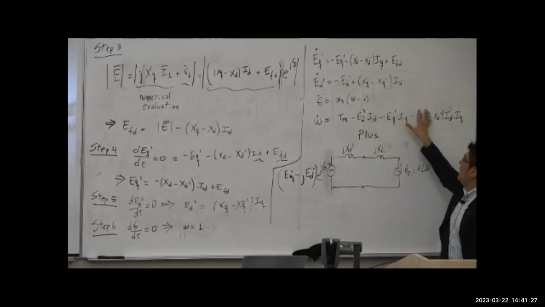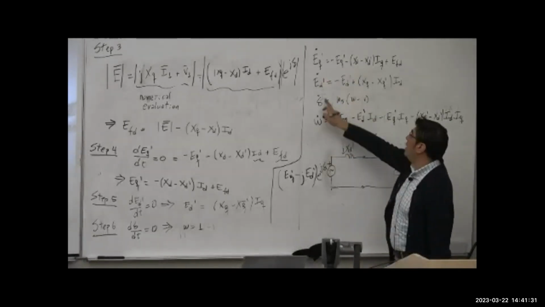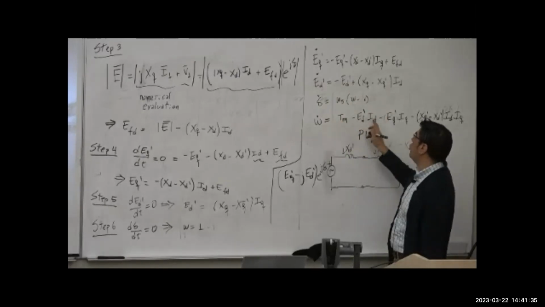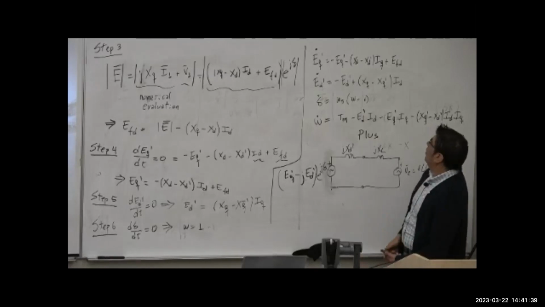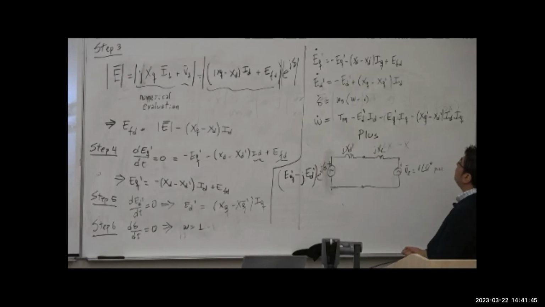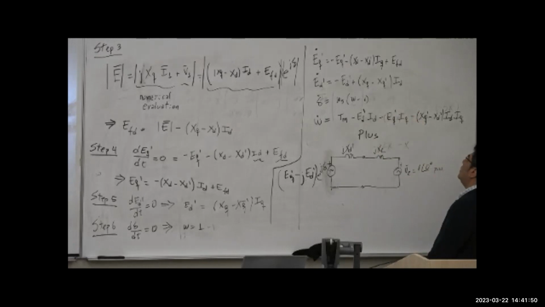All these variables need to be determined here. So you have an equation for EQ prime, an equation for EV prime, an equation for delta, an equation for omega. So all those variables are determined. What we have missed here are EQ, IQ and ID.